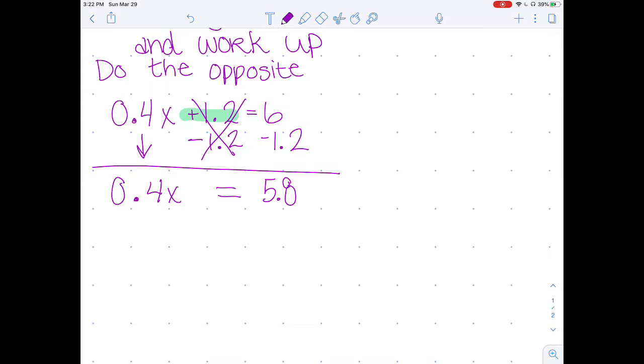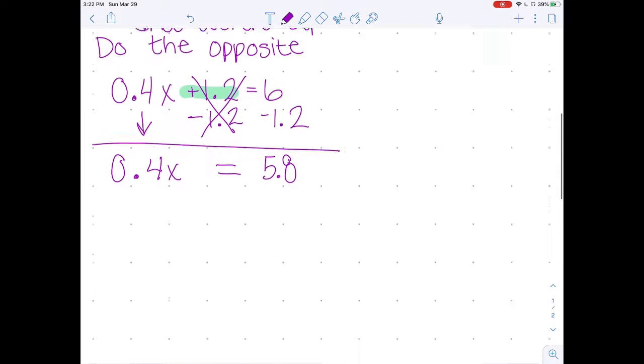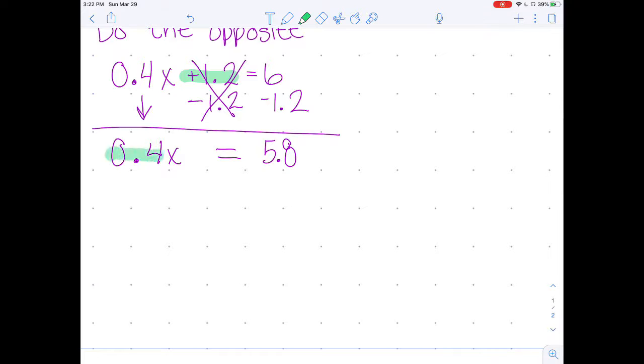So now I don't have any more subtracting or adding left. The next letter is M for multiply or divide. Well, right here we've got 0.4 times x. We have to do the opposite, so the opposite of multiply would be divide. So we're going to divide by 0.4.